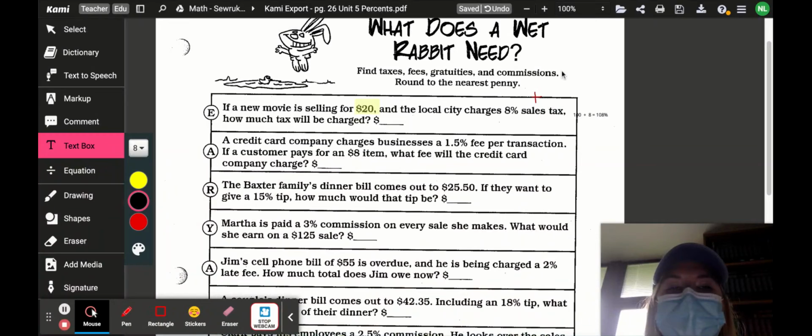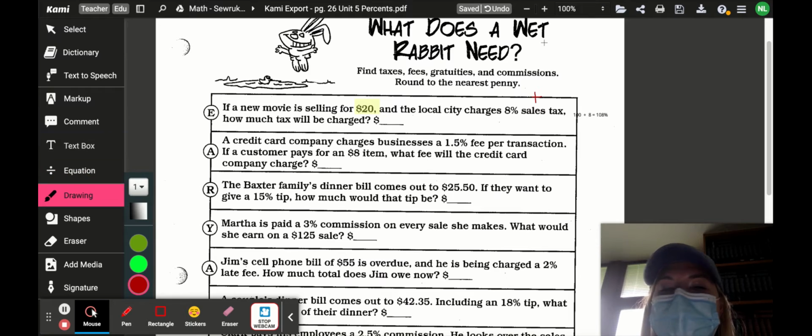In order to change a percent into a decimal, you have to move the decimal 2 places to the left. So if you have 108 as a percent, the decimal starts here and you move it over twice. All right, so that's 108%.